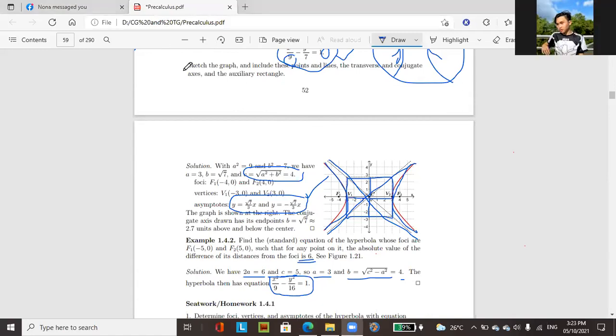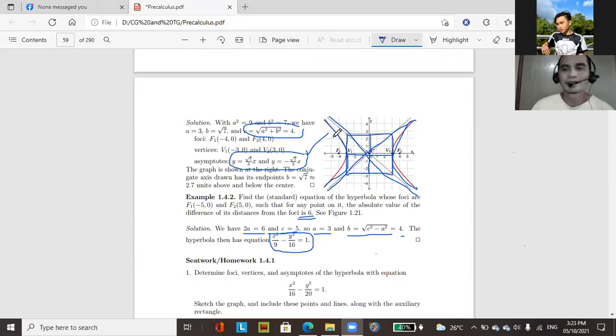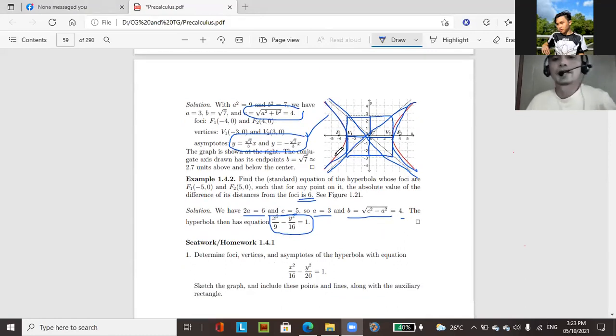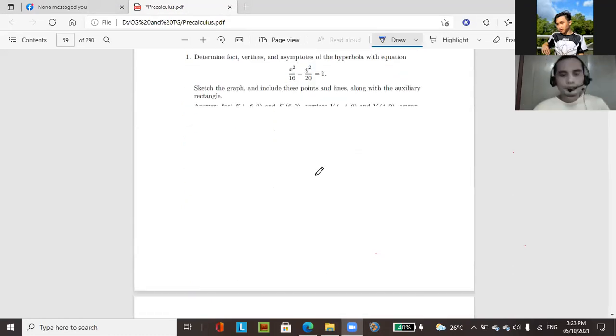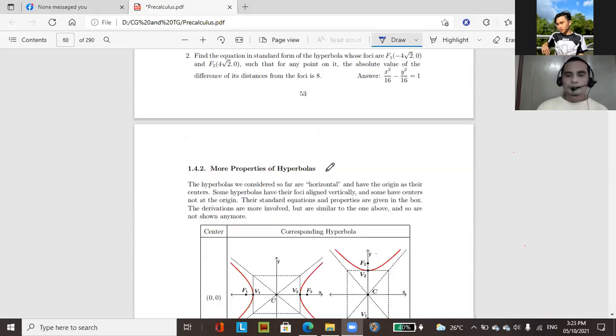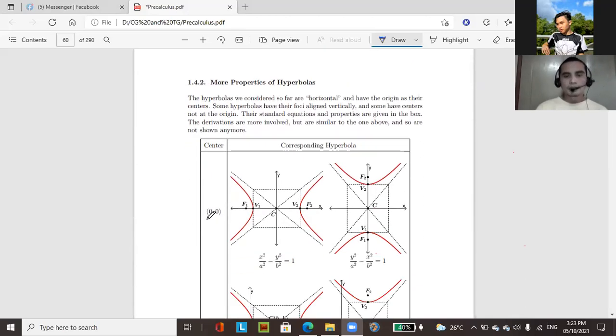None, sir. Okay, still none. Okay, let's have now the more properties of hyperbola. This is what I said earlier in class: if again the center is at the origin, these are the equations.